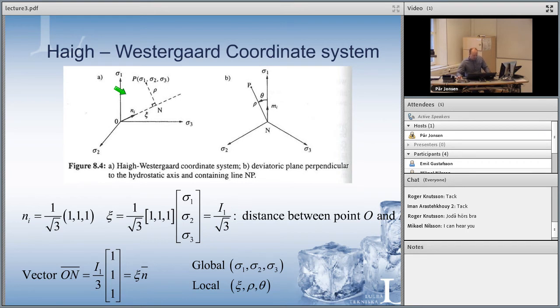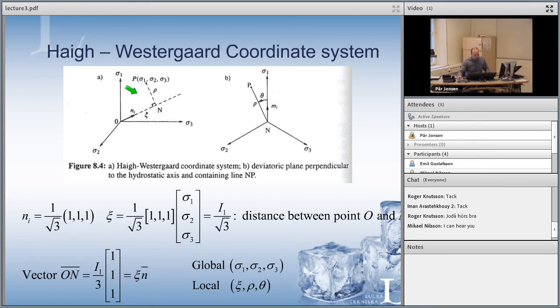And if you have loaded your material to a certain pressure, you call it this point N. You can put the plane here, because on this plane you have your pressure point for this material point. For example, if you load something, you pressurize it and you shear it maybe a little bit, you have a different kind of loading.